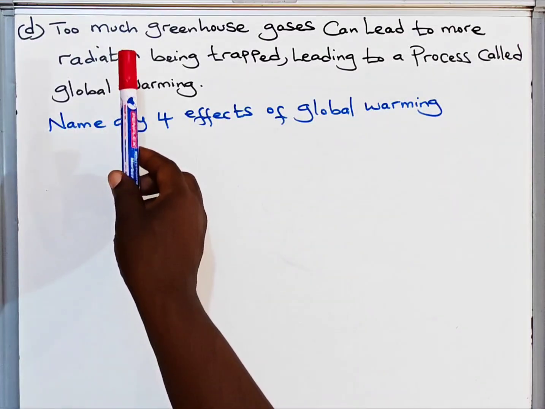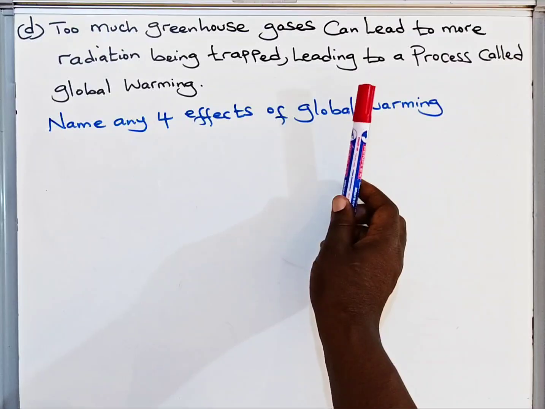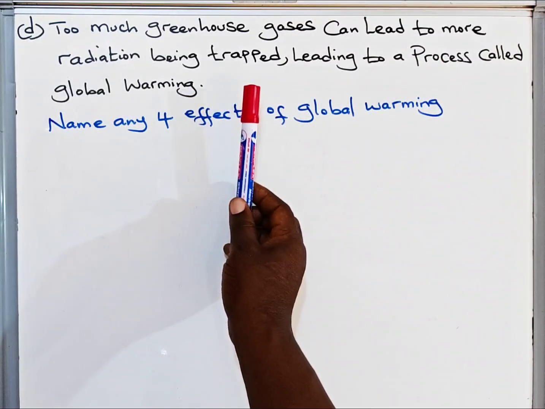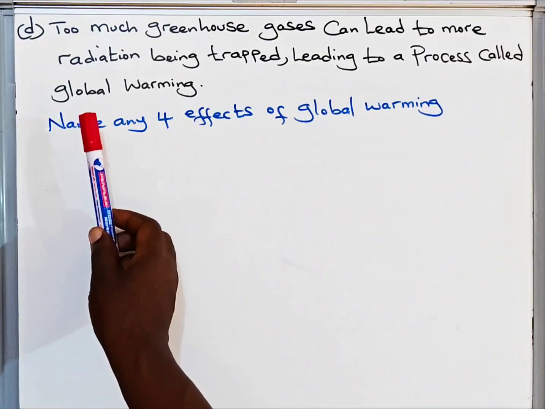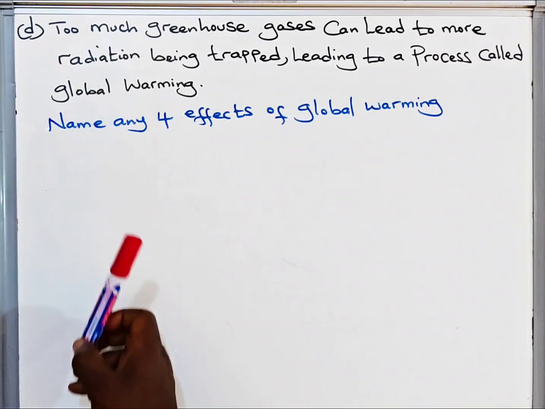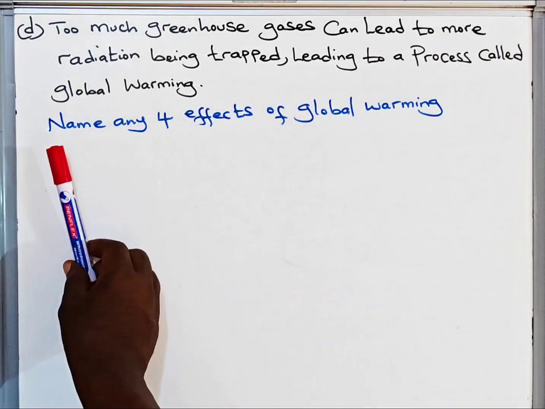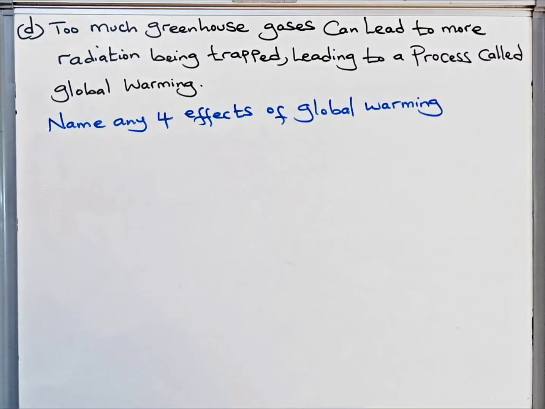Then we come to this case. It says that too much greenhouse gases can lead to more radiation being trapped, leading to a process called global warming. And then the question says, name any 4 effects of global warming.